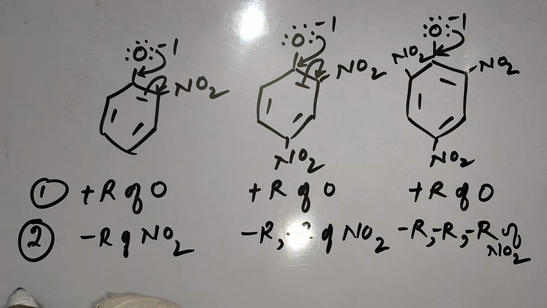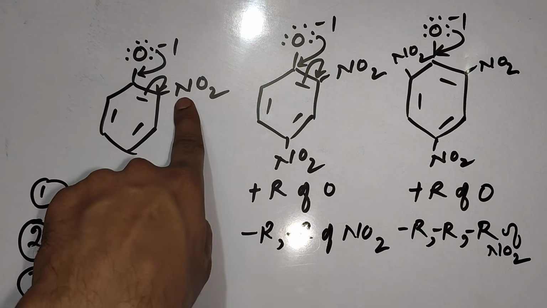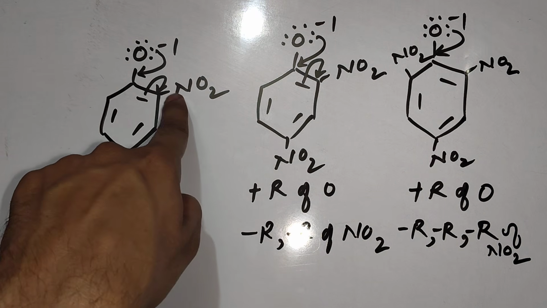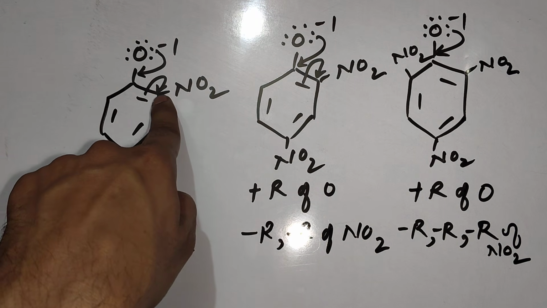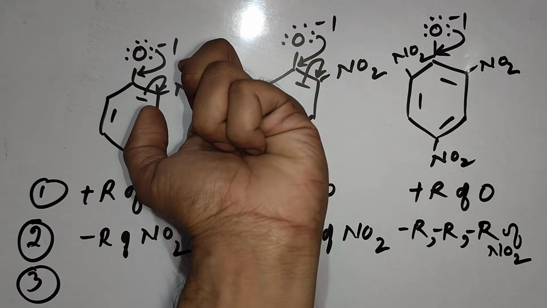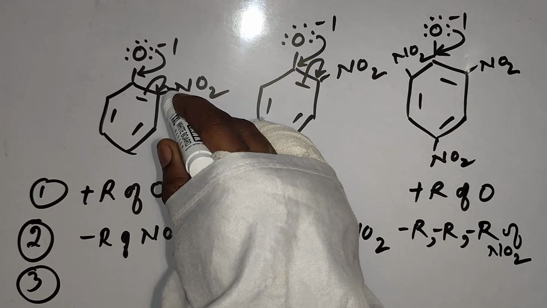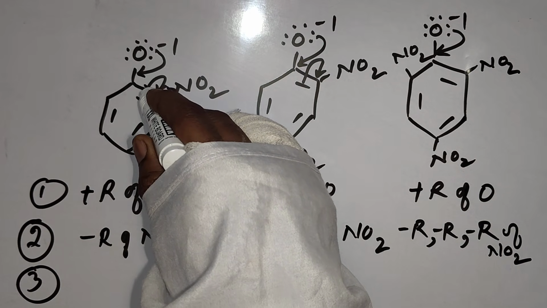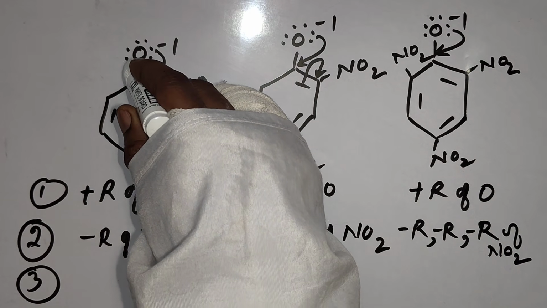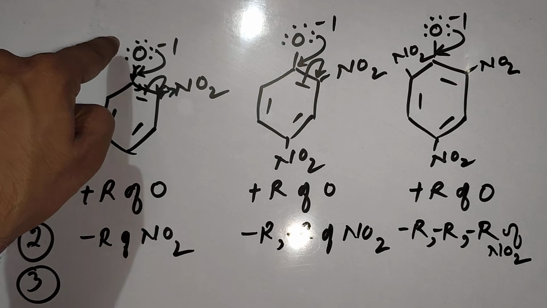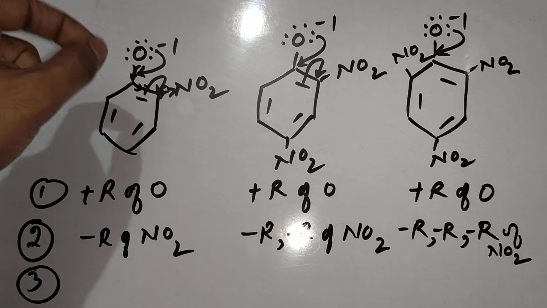Third factor: nitro group is more electronegative than carbon. Nitrogen is more electronegative than carbon, so it will attract electrons. And as it attracts electrons, this effect will operate up to here, due to which the negative charge of oxygen will decrease.